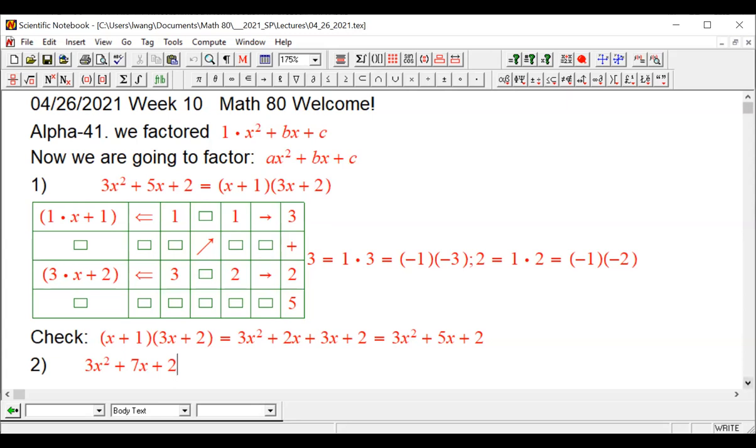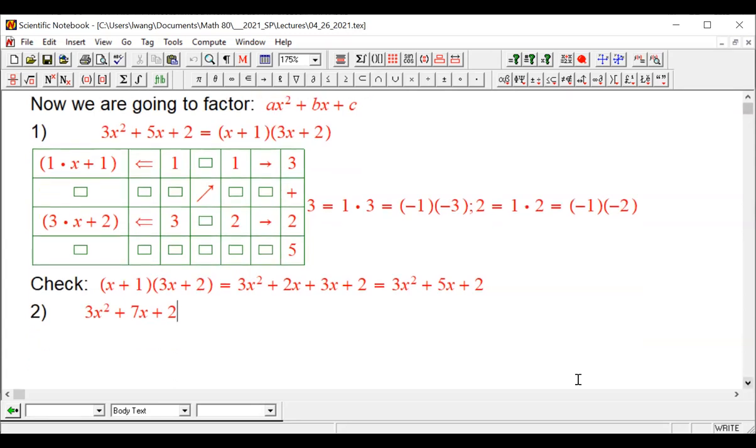Could you factor this one? Just give it a try. If you find the factors, great. If you don't, we're gonna work together to get it. We will get those factors if they exist.